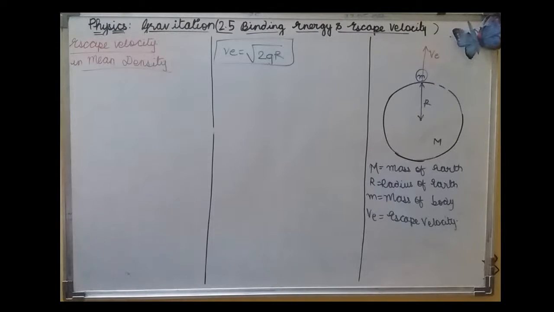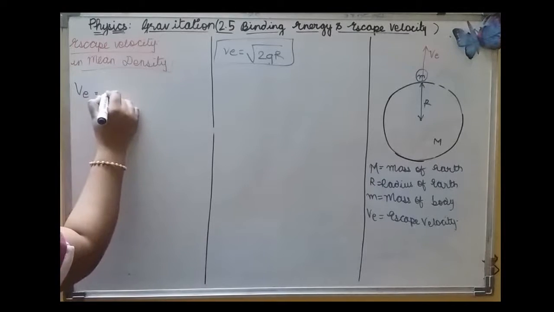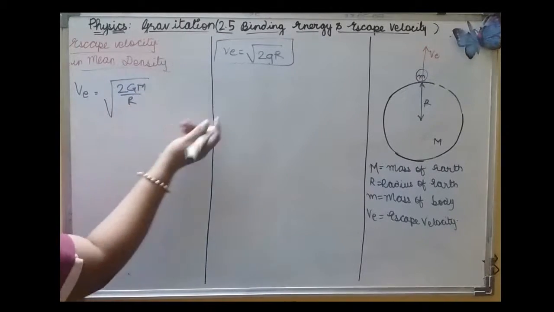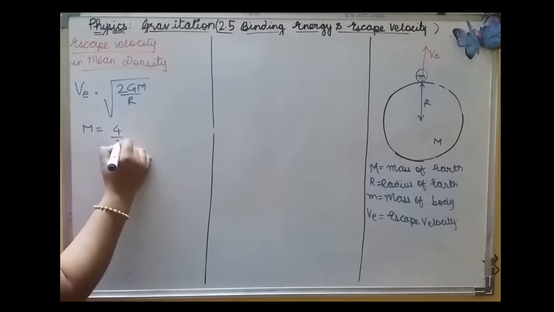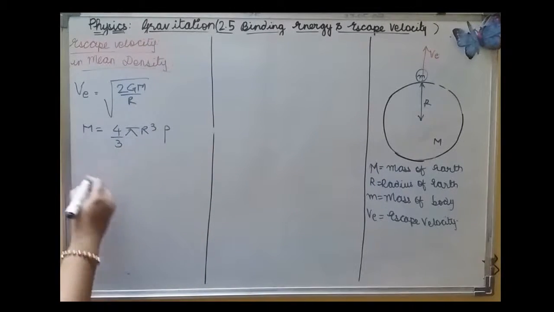What is the expression for escape velocity in terms of mean density, or rho? See, at Earth's surface, escape velocity was under root of 2GM upon R, correct? But M is equal to 4 by 3 pi R cube rho, where rho is density.